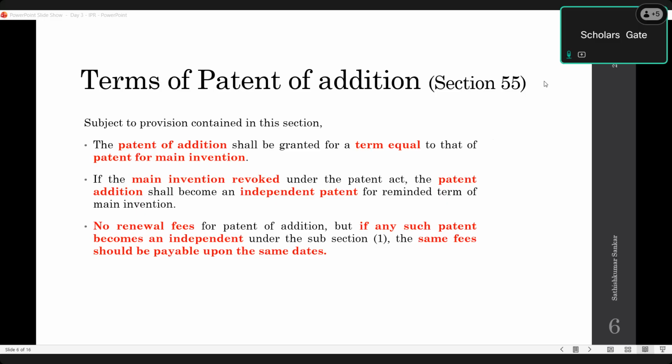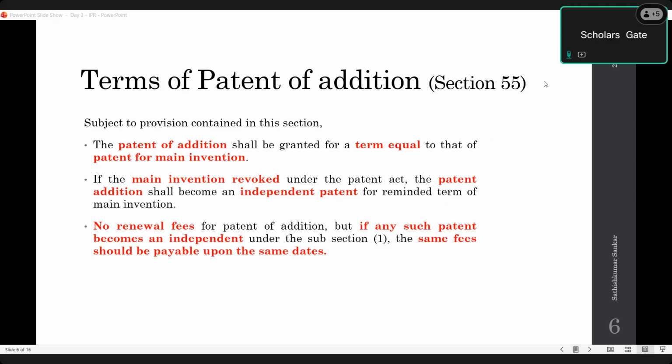So in this main invention, there are no renewal fees for the patent addition, but once it becomes independent, that changes. Normally, if you file a patent addition, something already published, we have modified something or made an improvement, and we are filing the patent addition. But if the main invention is revoked, that patent addition is treated as an independent patent.